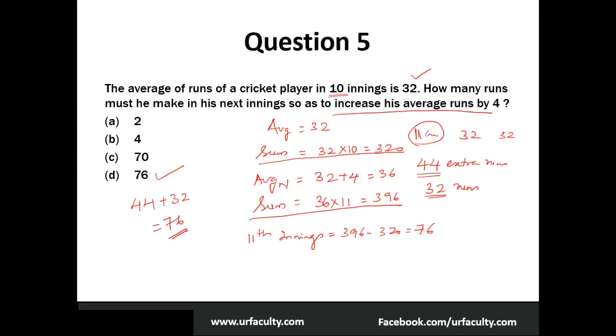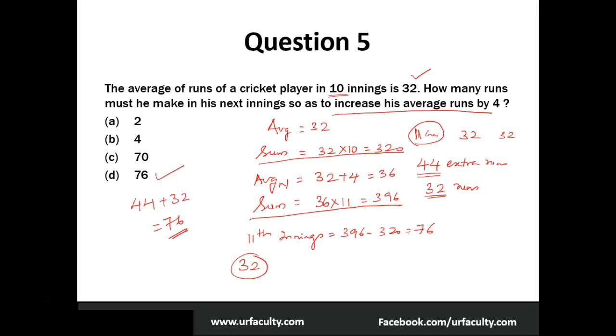Please note what I did here. You don't even have to write these calculations if this technique is applied. We know that in 10 innings his average is 32. If he scores 32 in the 11th innings, what will his average be? His average is going to remain the same at 32. So 32 runs is anyway scored for granted. But what are they saying? His average is to increase by 4 runs.